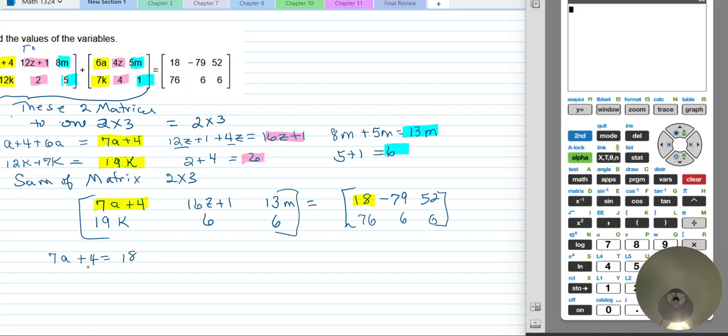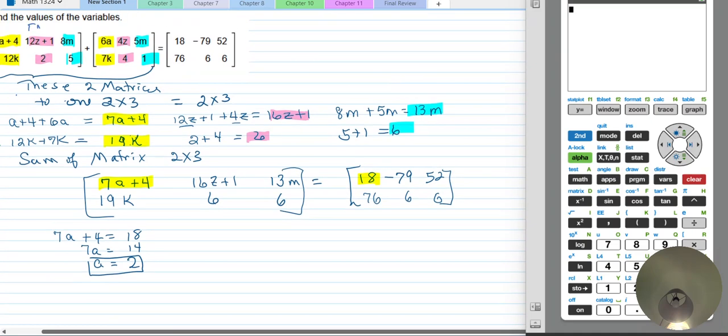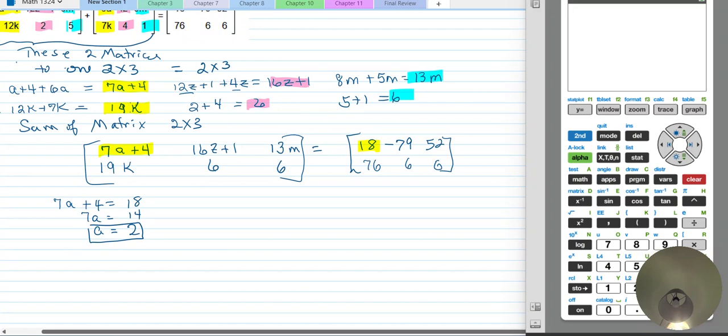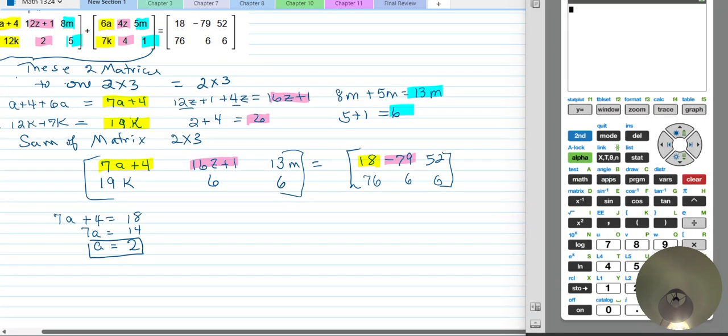So I'm going to subtract 4 from both sides. I'm going to divide by 7. And I have a has to be 2 to make that equivalent matrix. Now I'm going to do the second one. And that's this must equal that negative 79, making sure I've got the same thing.